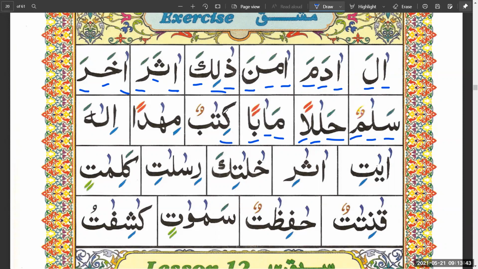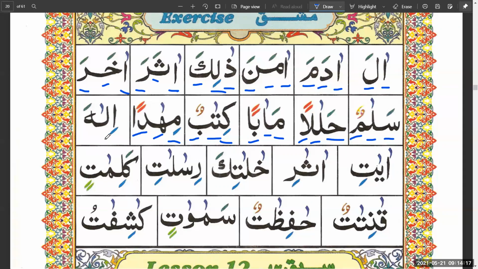Next one, kaf kasra ki, ta standing fatha ta, and ba two dhamma bun. Kitabun. Next one, mim kasra mi, ha standing fatha ha, and dal two fatha dan. Mihadan.